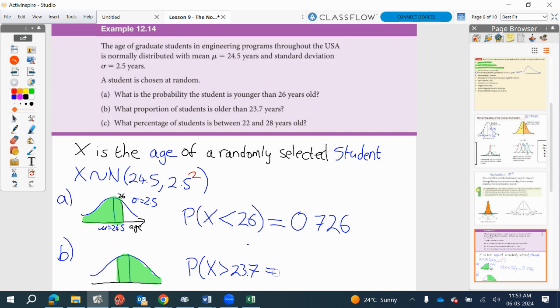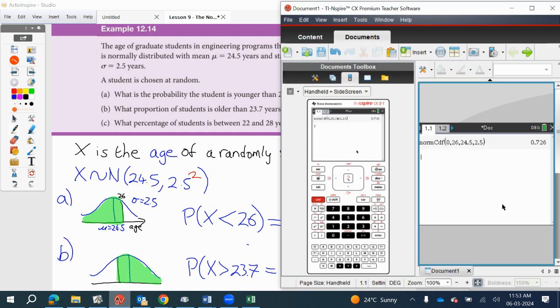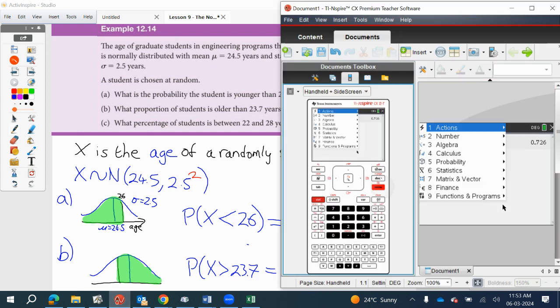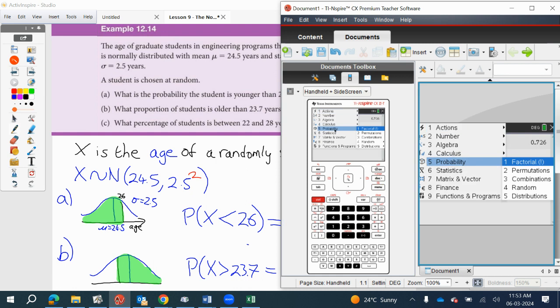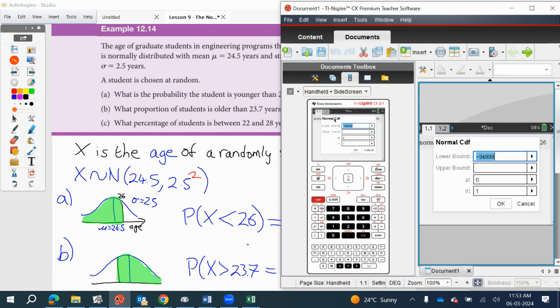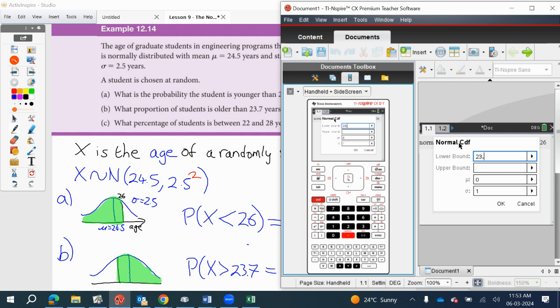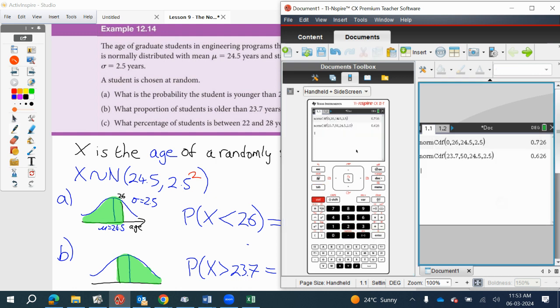So, menu, probability, distribution, CDF. Lower bound needs to be 23.7. Upper bound can be anything nice and large, I put infinity. Then 24.5, and our standard deviation is 2.5. 0.626.